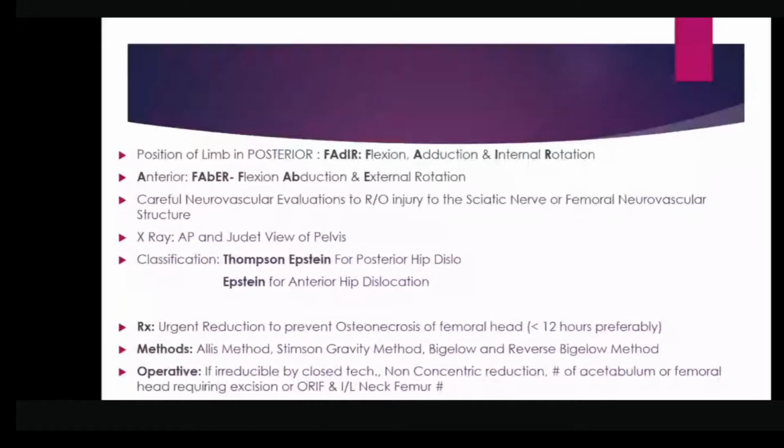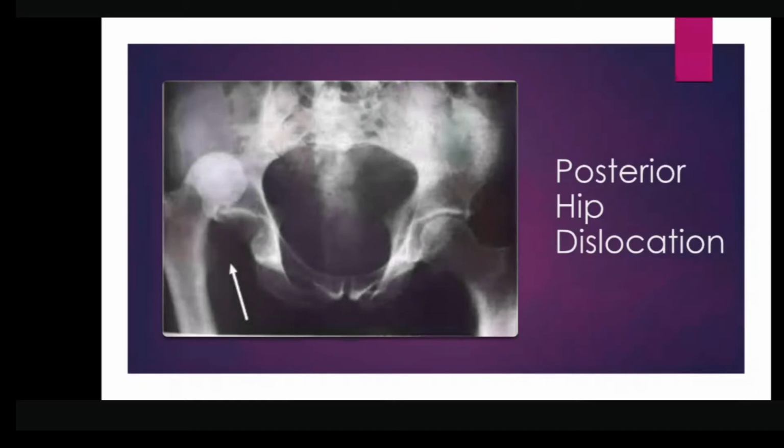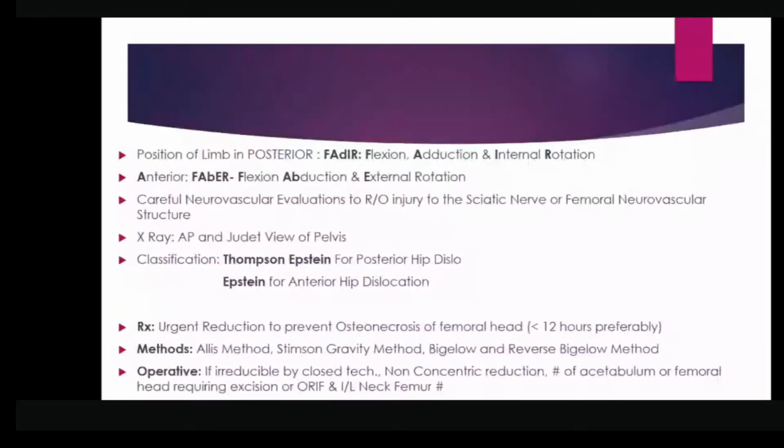See X-ray, AP, and Judet view of the pelvis. Two views should be asked. With one view we will never make out whether it is anterior or posterior. Classification, you need not go into for hip dislocation. Treatment will be the same for any dislocation. That is reduction of the dislocation and immobilization.